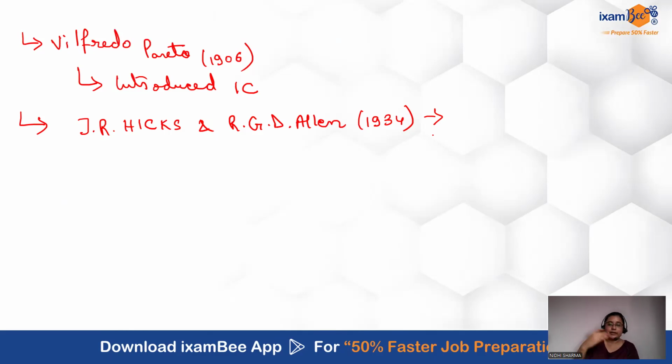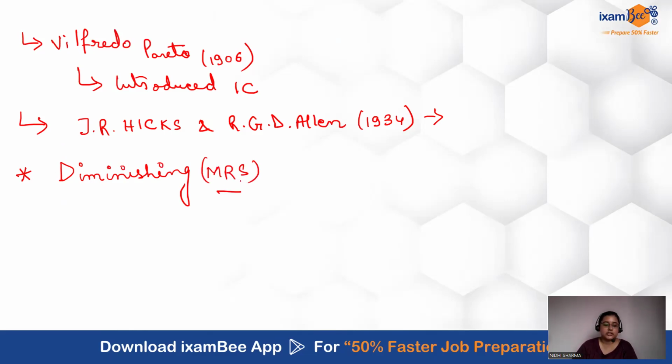Now, when we are discussing the indifference curve approach, there is a very important point that we cannot miss out. That is the marginal rate of substitution, or more exactly the diminishing marginal rate of substitution, which we call diminishing MRS. Now, what does diminishing MRS mean?